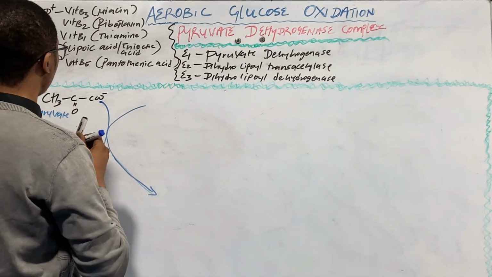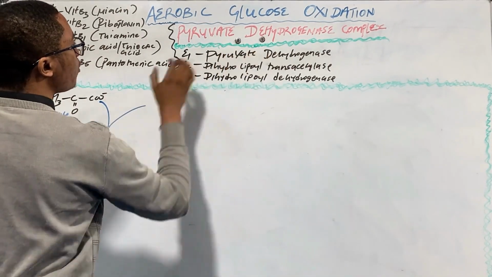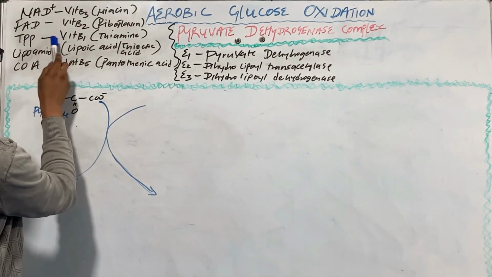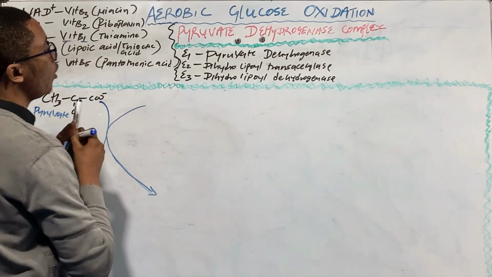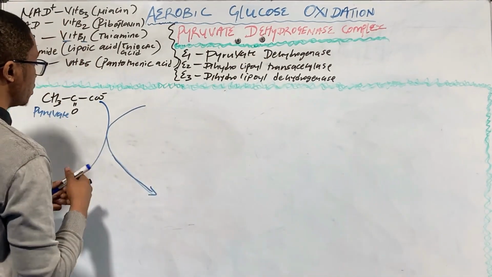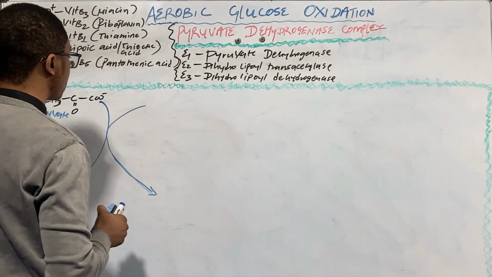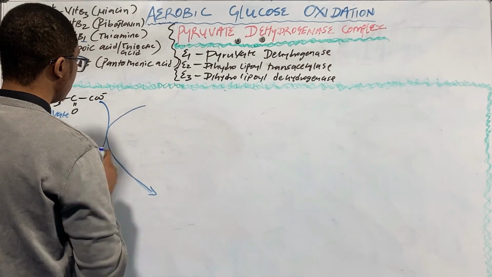Pyruvate reacts with pyruvate dehydrogenase, and attached to this pyruvate dehydrogenase is this compound here, thiamine pyrophosphate.